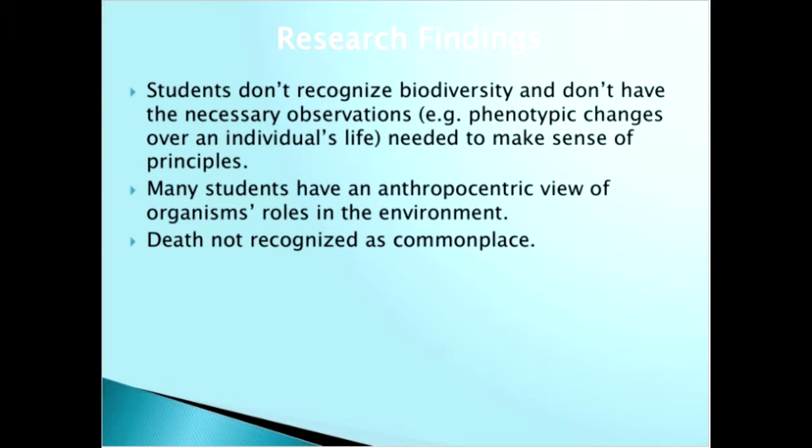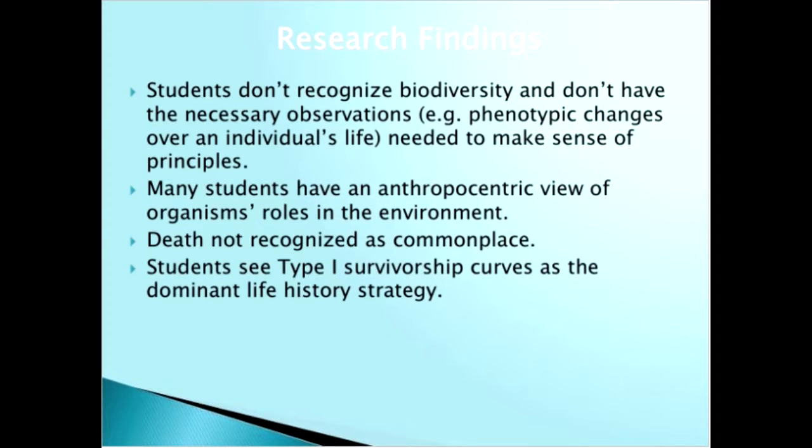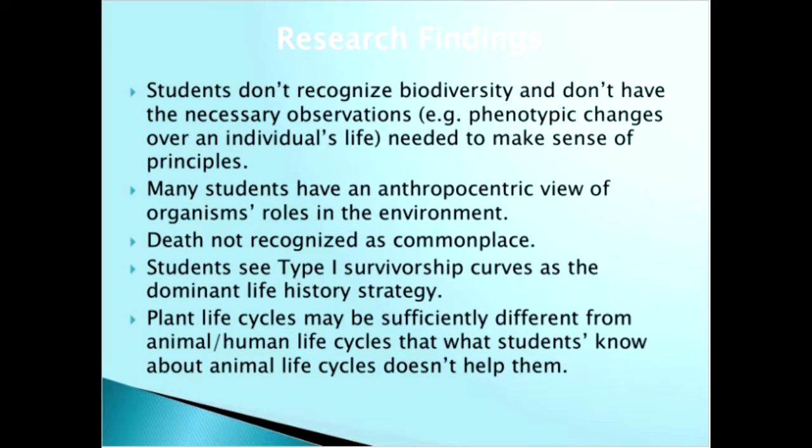Death is not recognized as commonplace. Students often see survivorship curves akin to what humans have. They don't understand that there are different life history strategies. And when plants are in the mix, the life cycles of plants are sufficiently different from those of animals, and yet students don't know the difference and seem to apply human-based life history strategies or life cycles to all animals.